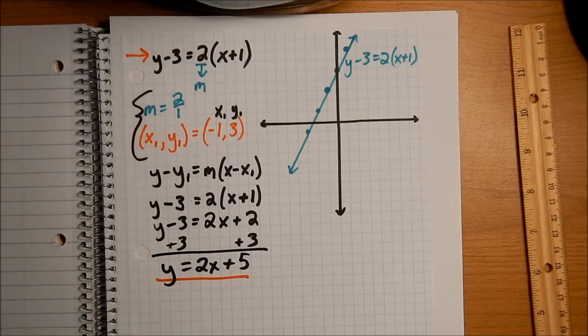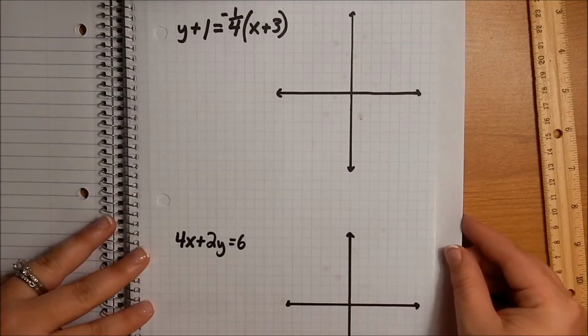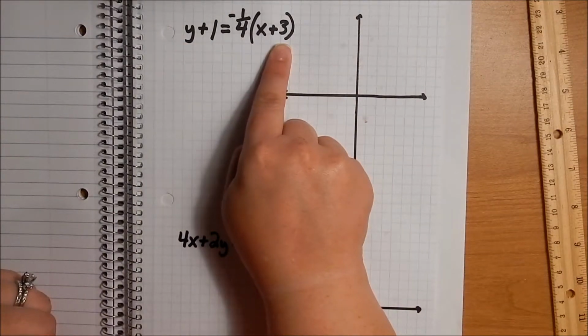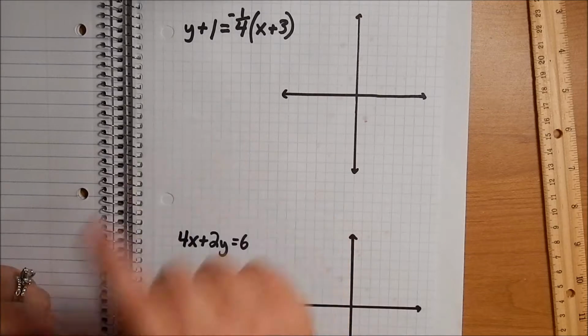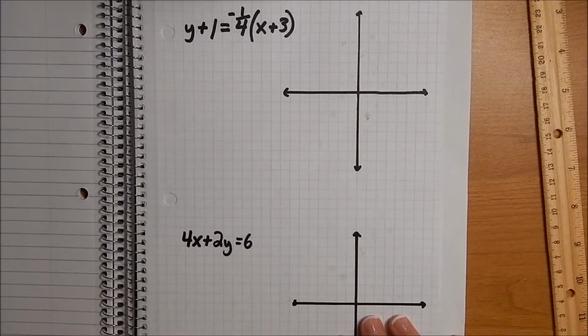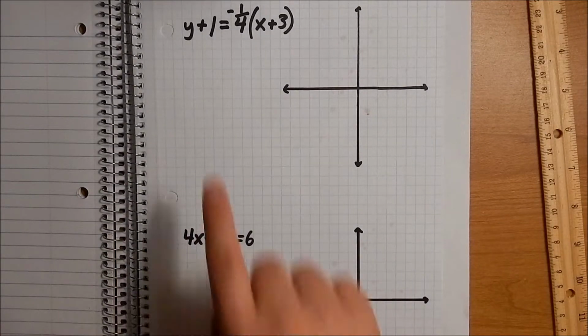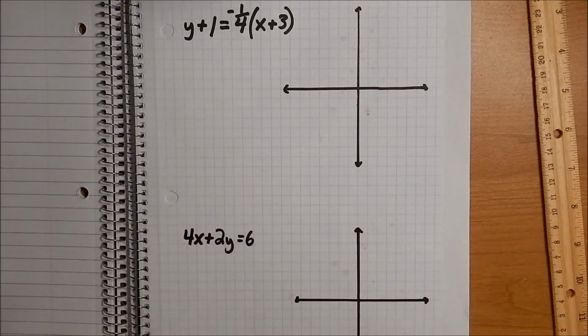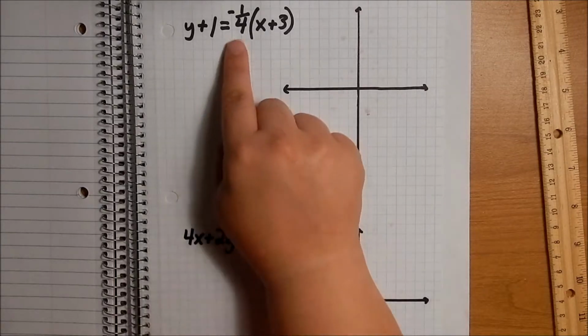Okay, let's take a look at another equation. Okay, we have one here. Y plus 1 equals -1/4 times x plus 3. This one is a good example of why you really do want to get good at just extracting what's the starting point and what's the slope. Because if you think about it, if I want to rewrite that into slope-intercept form, I certainly could, but look what you're going to have to do.